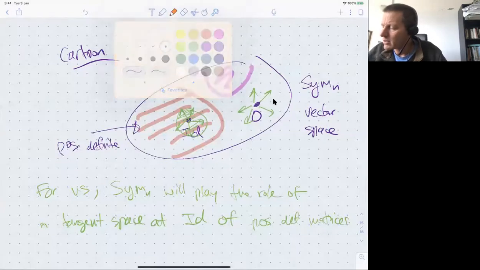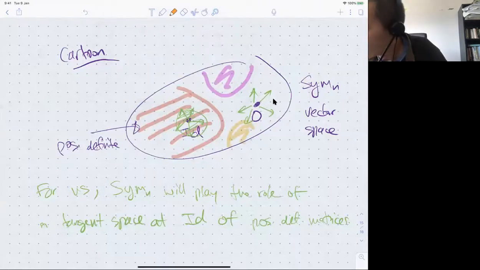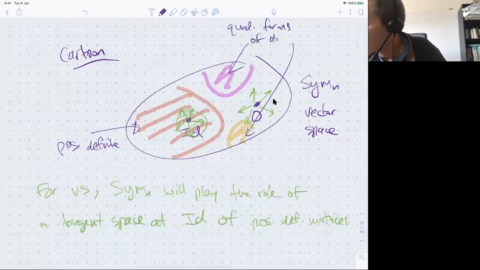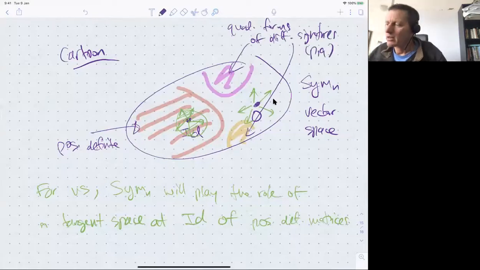I'm enjoying using my colors, but these correspond to quadratic forms of different signatures, p, q. Okay, so if you're familiar with that picture, that's the picture that you should have in mind.